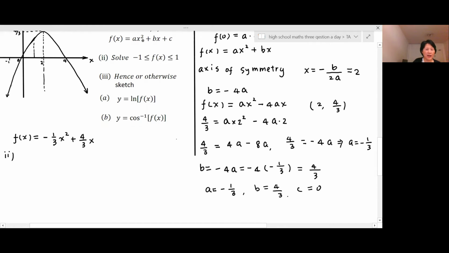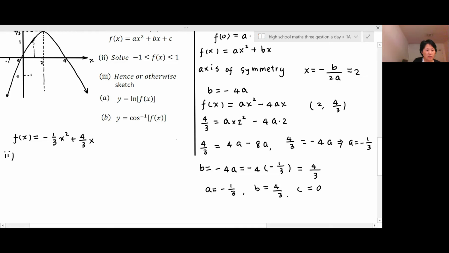Where's the f(x) minus 1? So f(x) is minus 1, for example, I just put this one. It's a minus 1. So they want the f(x) to be between minus 1 and positive 1. So positive 1, I just put this one here.